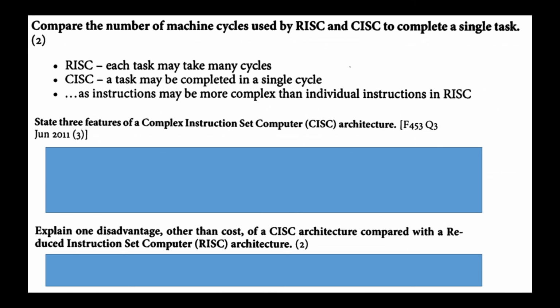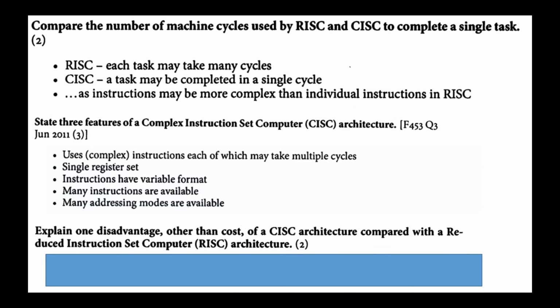So, state 3 other features of a CISC architecture: it uses complex instructions, each of which may take multiple cycles. Single register set. Instructions have variable format. Many instructions are available. Many addressing modes are available.